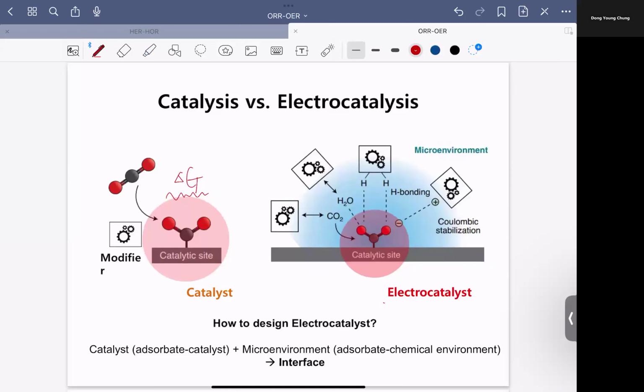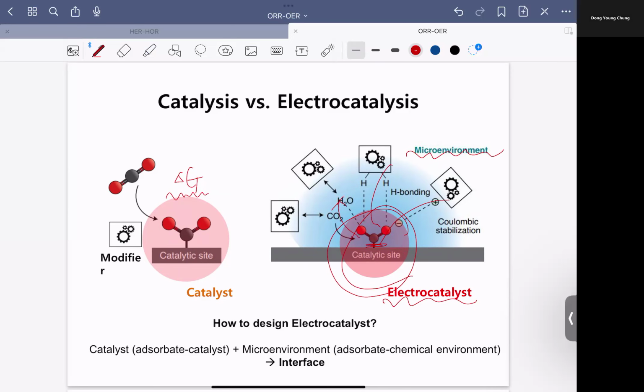In electrocatalysis, this energetic factor is still very important, but we also consider the microenvironment, for example, how the adsorbate interacts with the cations or anions or interacts with the water, right?